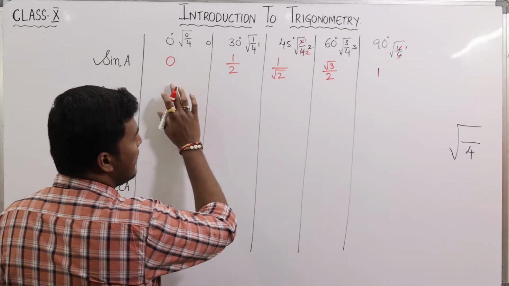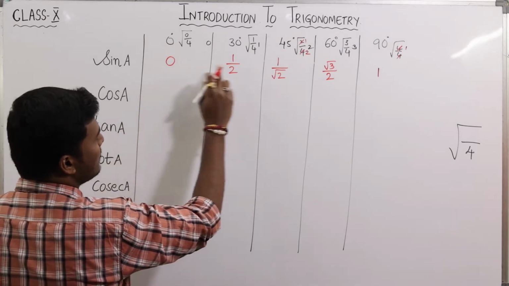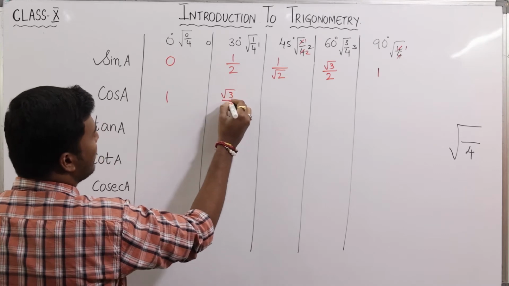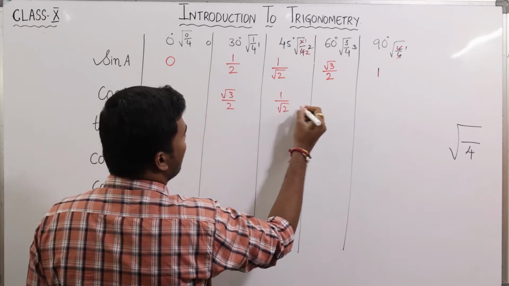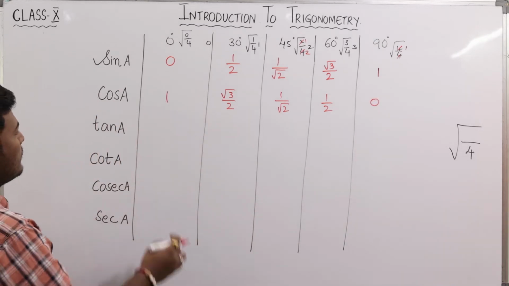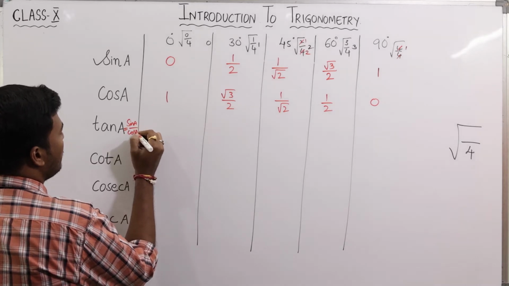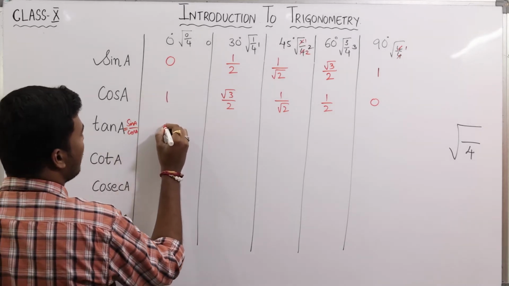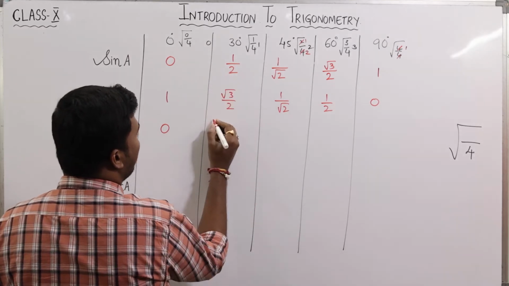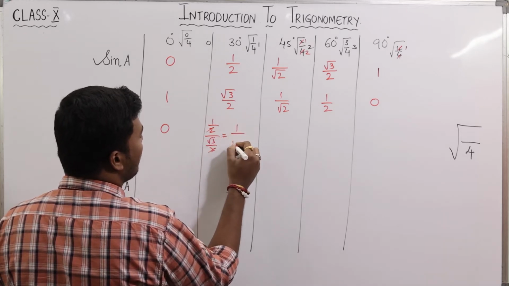Okay, if you know the sine column, then we can find the rest of the table. If we reverse the sine values, we will get the cos values. That is 1, root 3 by 2, 1 by root 2, 1 by 2 and 0. Now tan is nothing but sine A by cos A, right? So 0 by 1 is 0. Next 1 by 2 by root 3 by 2, the 2 gets cancelled, we are left with 1 by root 3.